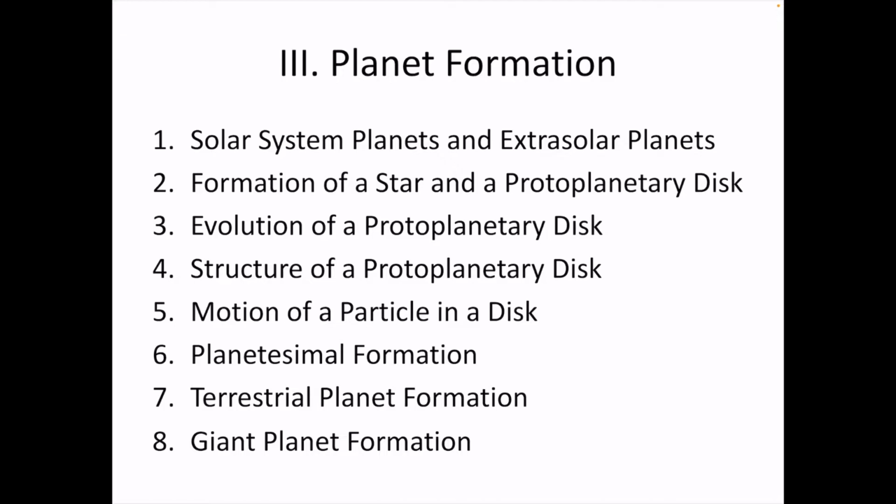Solid particles collide and stick together to form larger particles. We consider a planet to be formed by the coalescence of planet seeds called planetesimals. Solid planets later formed by collisional growth of planetesimals. We consider terrestrial planet formation in section 7.